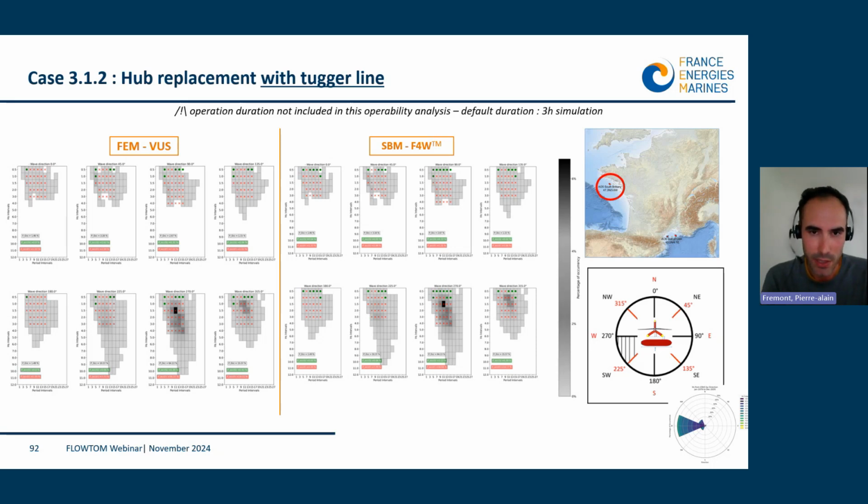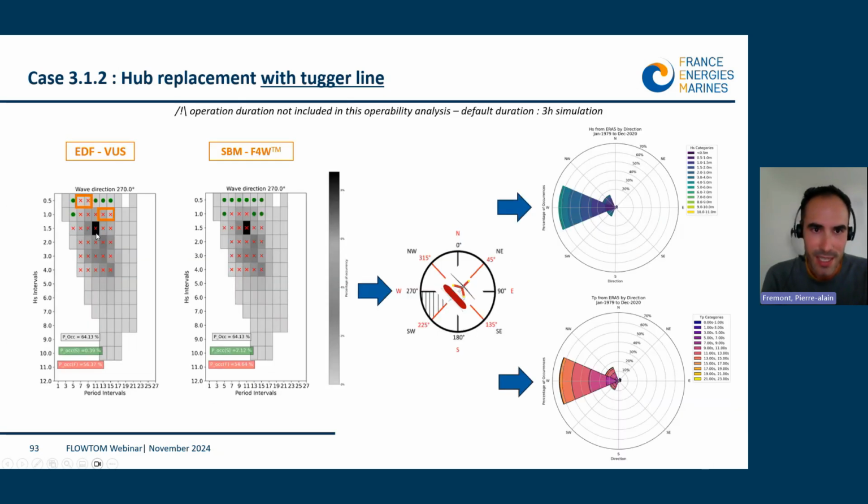Looking at the scatter diagram, we can see here that in that case, the black cell, which is the most probable direction, is a failure, which explains the differences. And here the sea states which are failing for the semi-sub and succeed for the TLP are contributing to only 2%, which is the highest success rate we have.